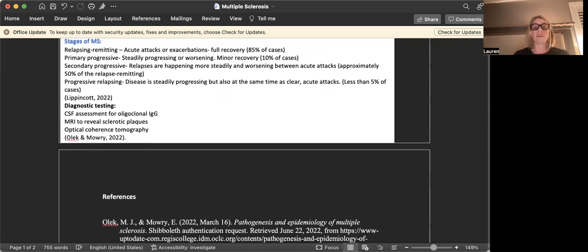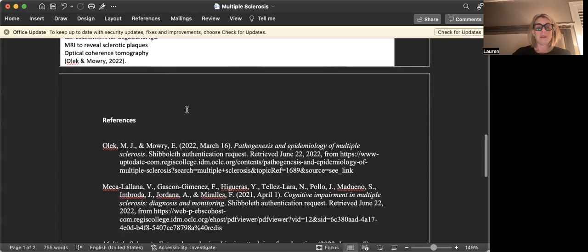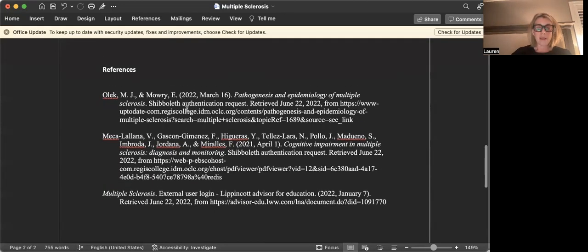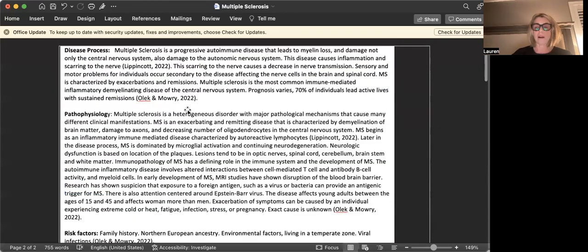And then lastly, you have your progressive relapsing, and that is steadily progressing, but at the same time, you're having these clear acute attacks, and this is less than 5%. For diagnostics, you want to assess the CSF for IgG, MRI to reveal the plaques, and optical coherence tomography as well.